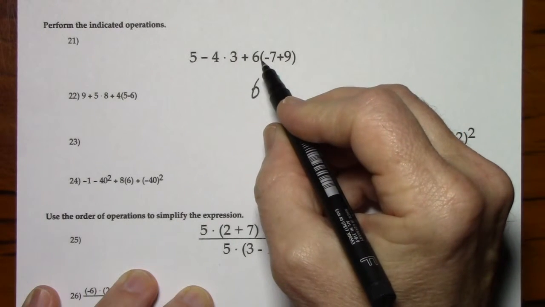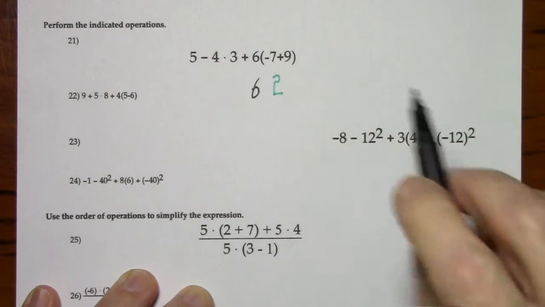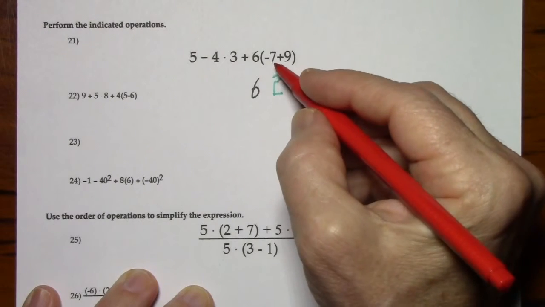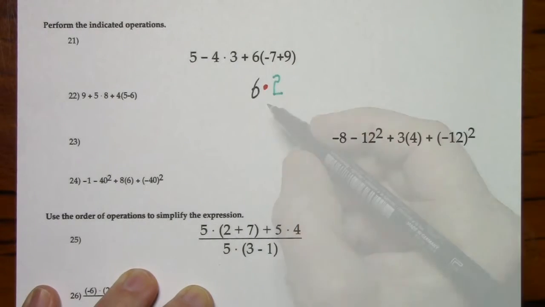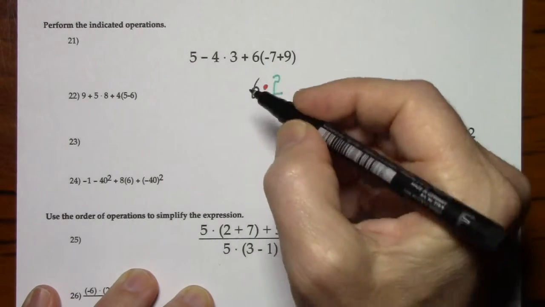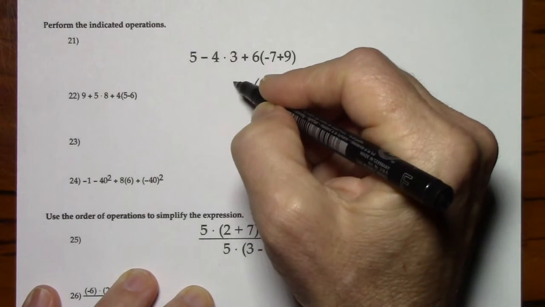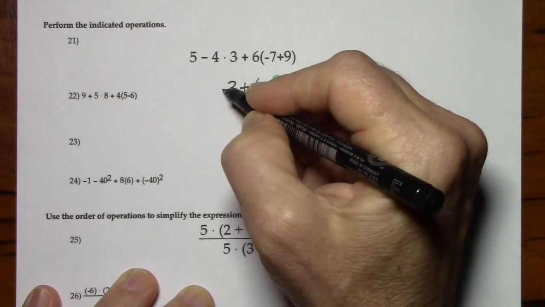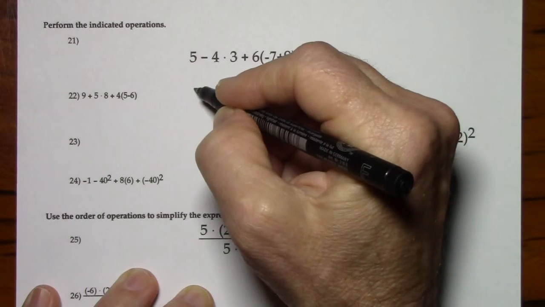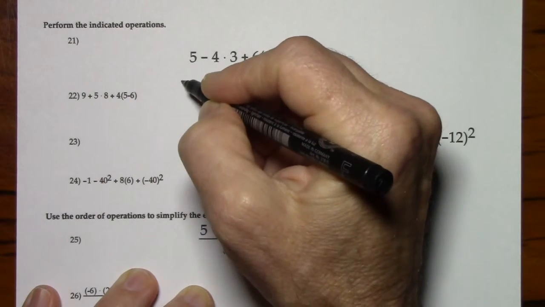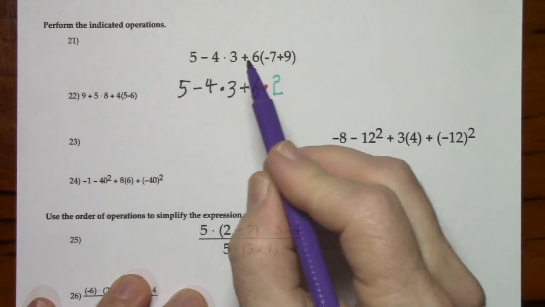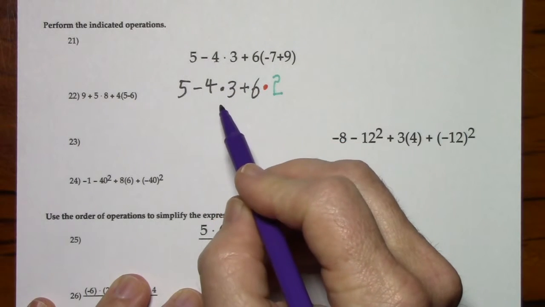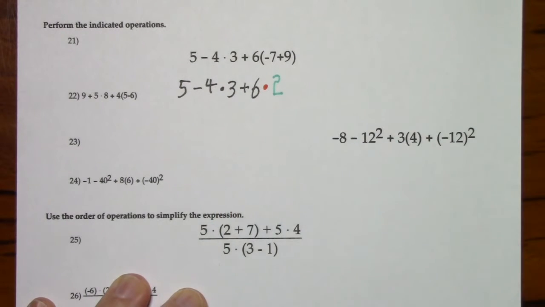This is 6 times whatever the result of this is. Bring down the plus, that multiplication dot. You could have done this multiplication, but I just brought everything down to be very explicit.